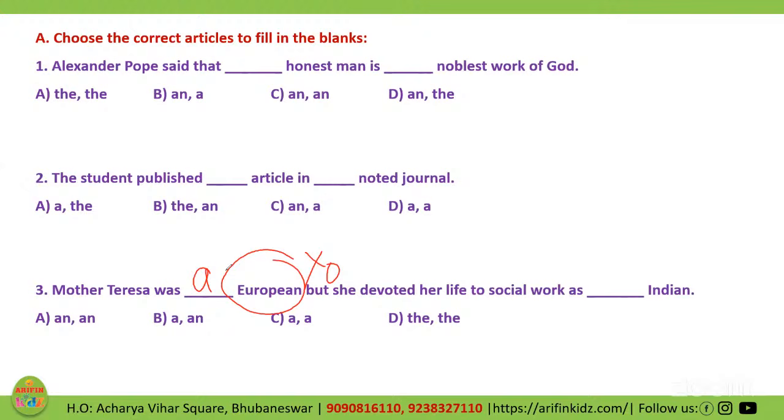But she devoted her life to social work as what? An Indian. A European, but as an Indian. So the correct answer would be B.